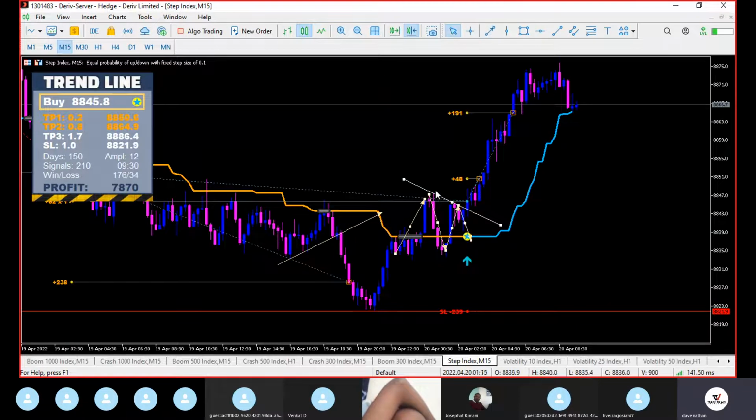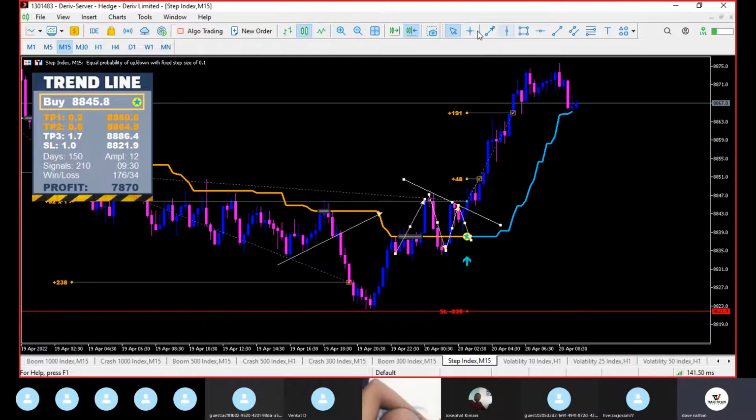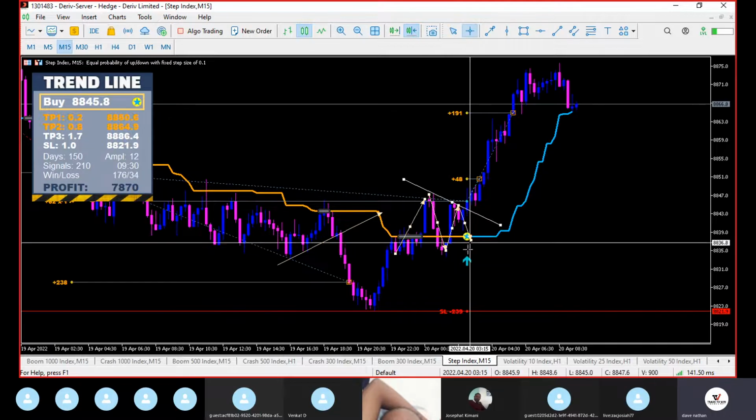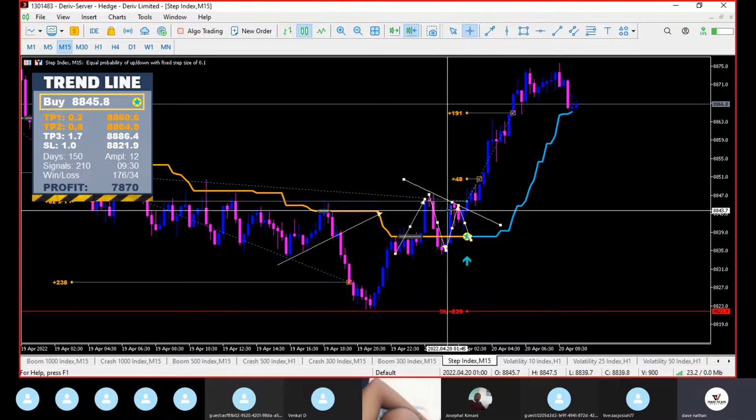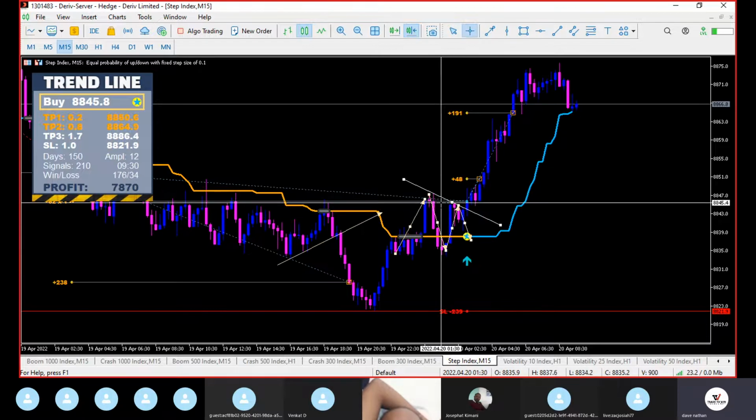So we have two clear resistances clearly shown here, and then we just needed to wait for the break of that resistance and then take our buy signal here. So fortunately, that was where the buy signal emanated from as a result of two major resistances that were broken.